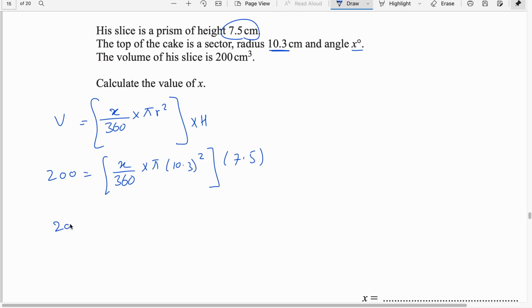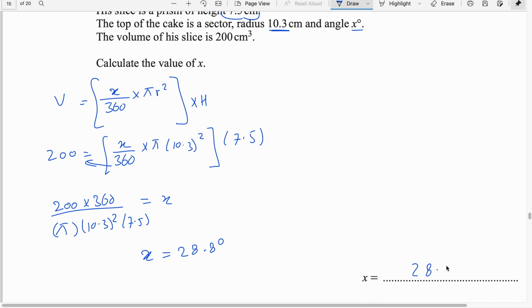So this is 200 times 360. We multiply this and divide it with pi, 10.3 squared and 7.5 is equals to x. And angle comes out to be 28.8 up to 1 decimal place.